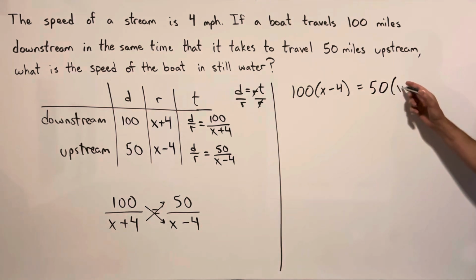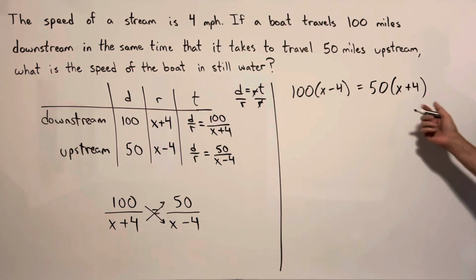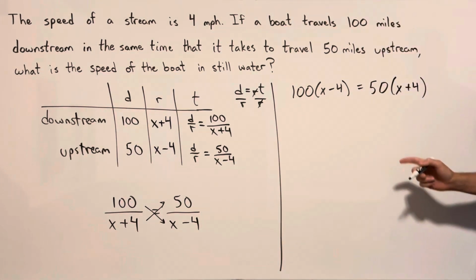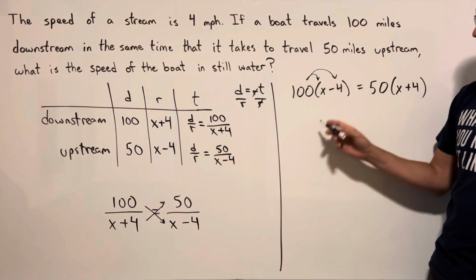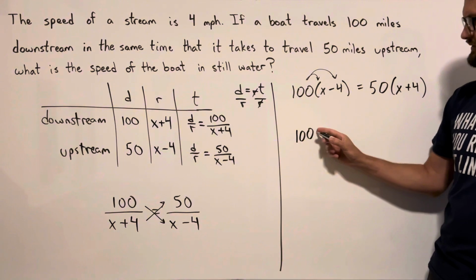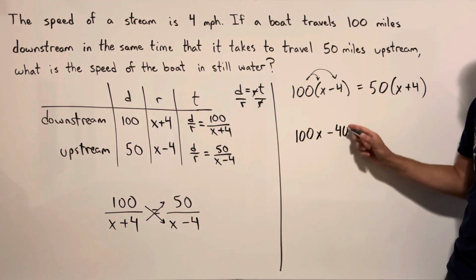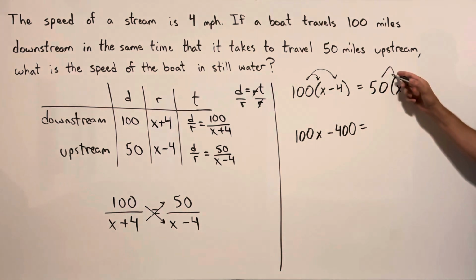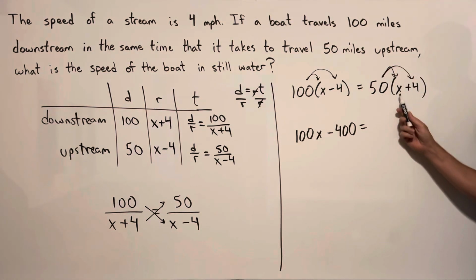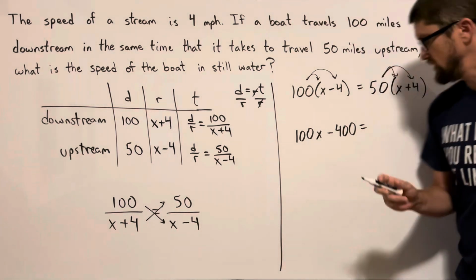Now I'm going to distribute the 100 to get 100x minus 400. Distribute the 50 on the right-hand side to get 50x plus 200.